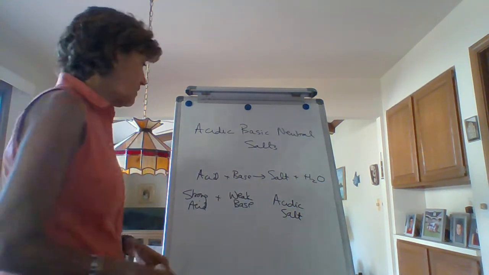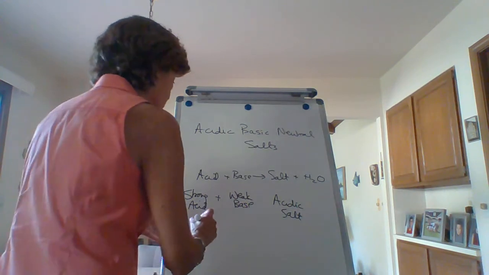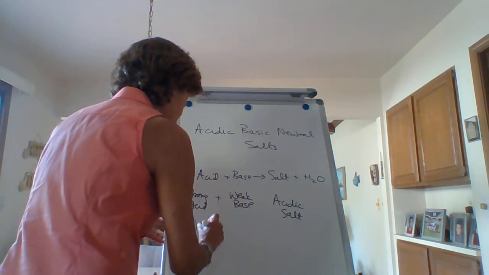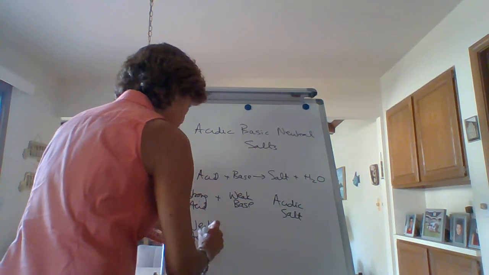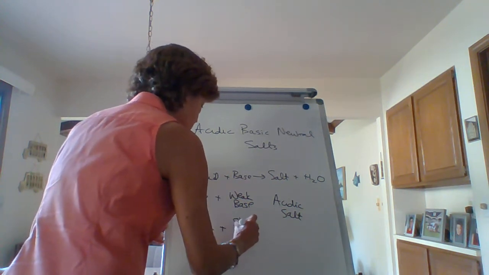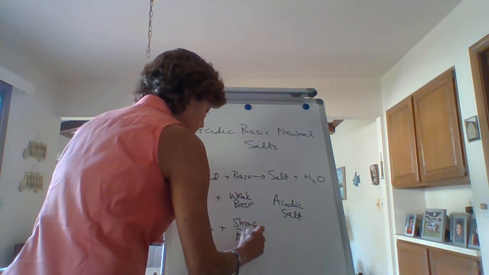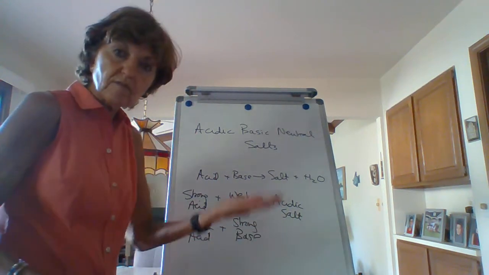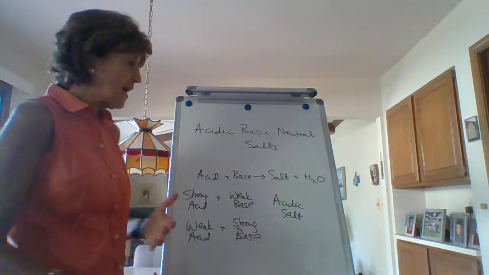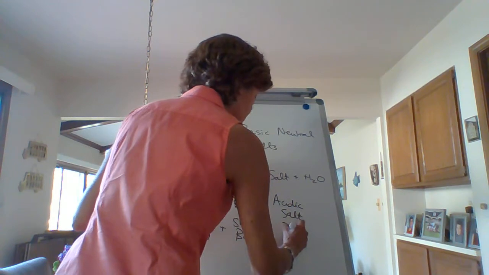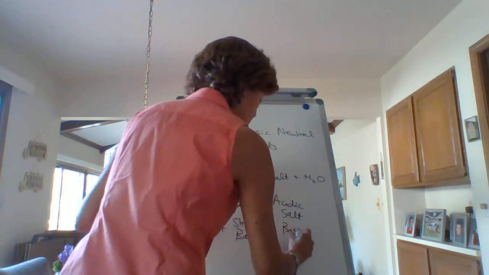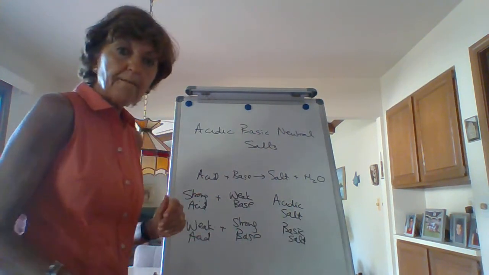Okay? Now, if on the other hand, you have a weak acid and you have a strong base, guess what's going to happen? The base is going to overpower the acid and you end up with a basic salt. Okay?